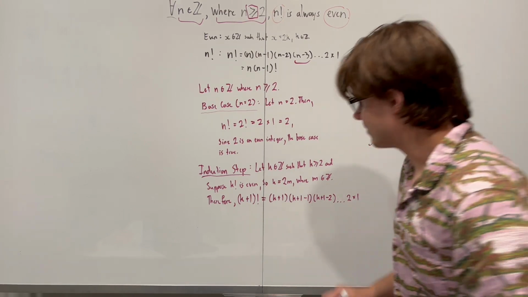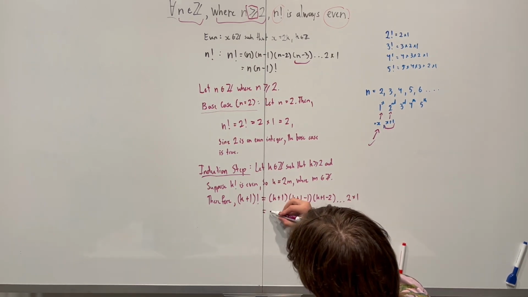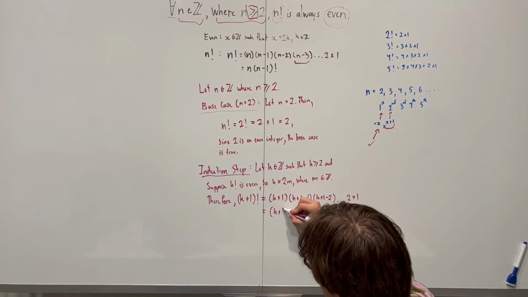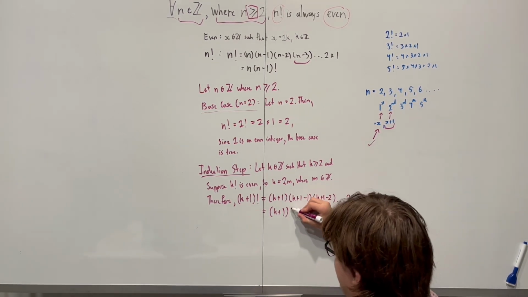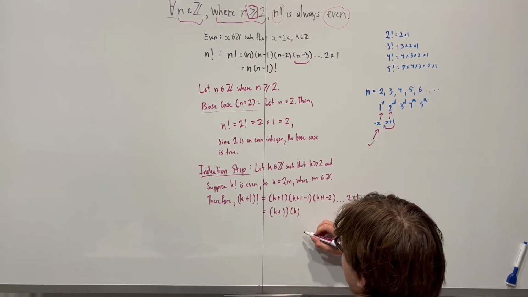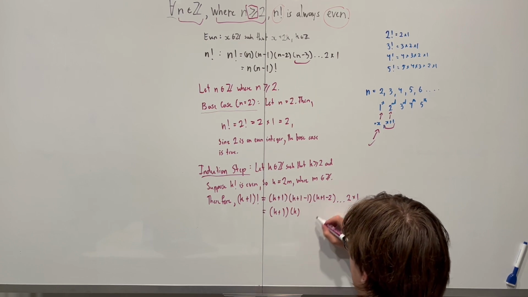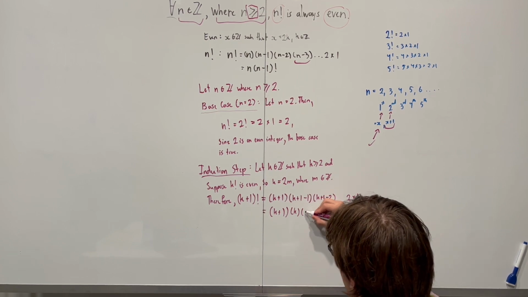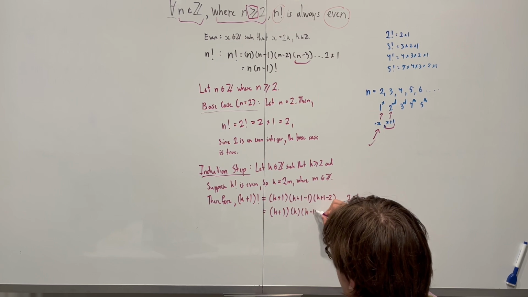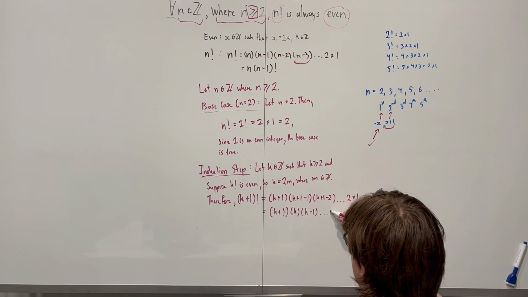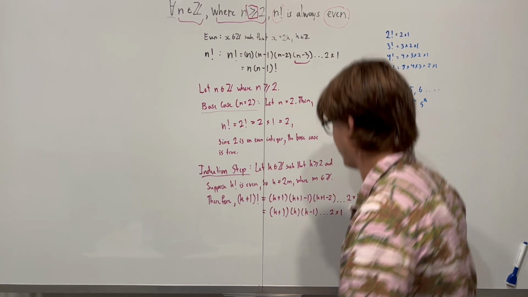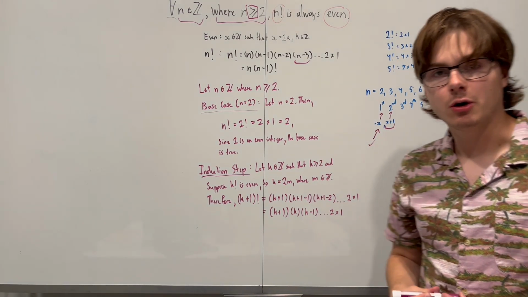Great. Let's simplify this a little bit. We can rewrite this as k plus 1 multiplied by k plus 1 minus 1, which is just k. Next, k plus 1 minus 2 is going to be k minus 1. And then dot, dot, dot, 2 times 1. Where do we go from here?